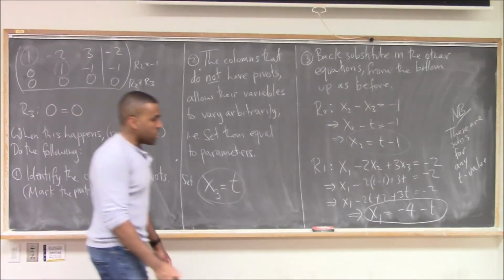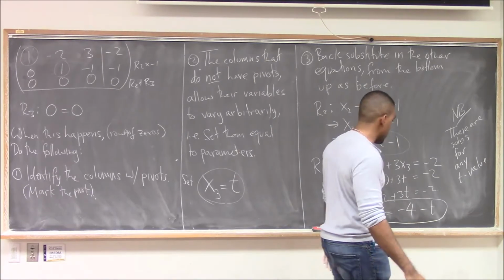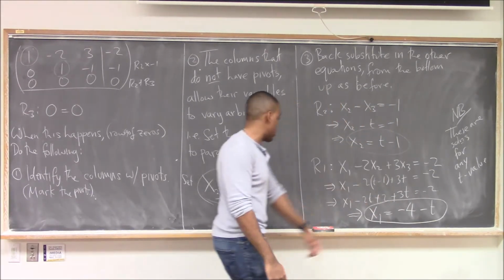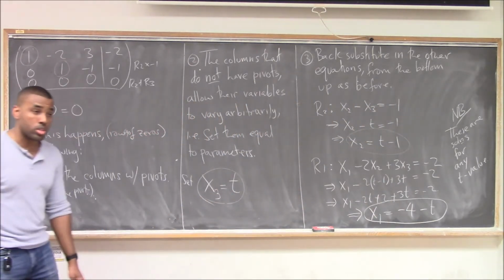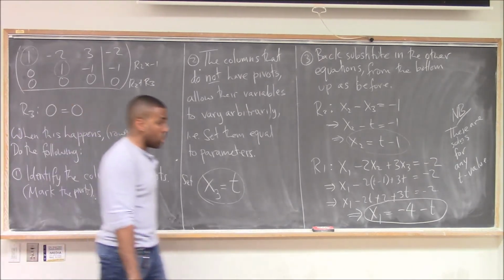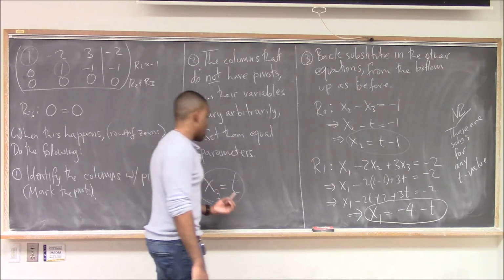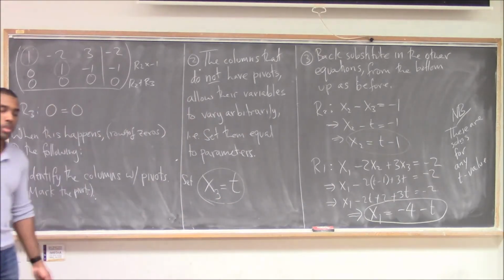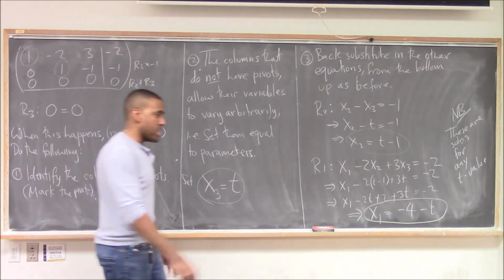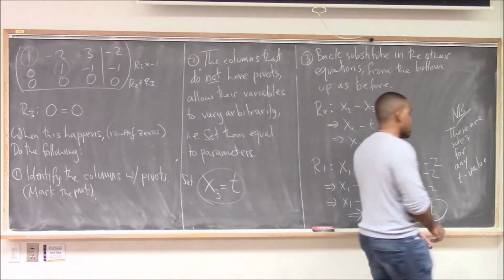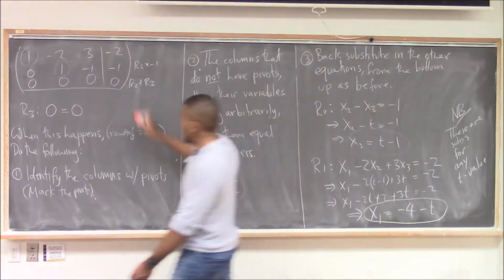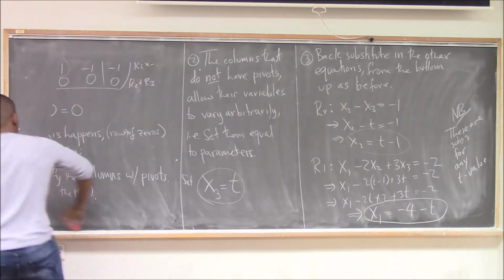If I pick t equals 0, then the vector minus 4, minus 1, 0 will solve the system. I can pick t equals 1, and the vector minus 5, minus 2, 1 will solve the system. All these vectors, for any t value, will be a solution to the system. So this actually leaves us in another case.